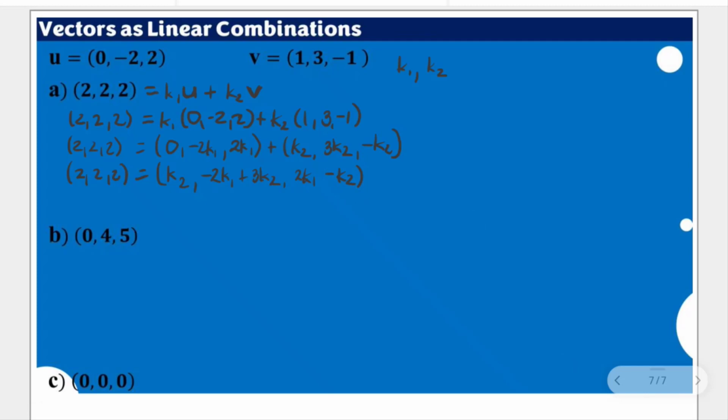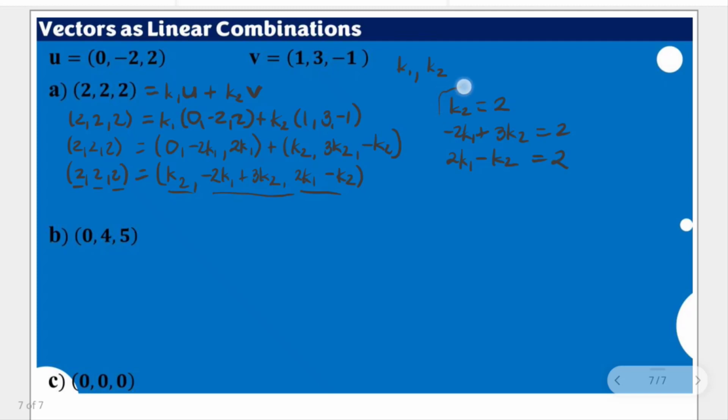Since we have 3 entries here and 3 here as well, we can write equations stating K sub 2 is 2, then negative 2 K sub 1 plus 3 K sub 2 is also 2, and positive 2 K sub 1 minus K sub 2 is also 2. These are all equations, since we have equality of vectors, so we can have that form.